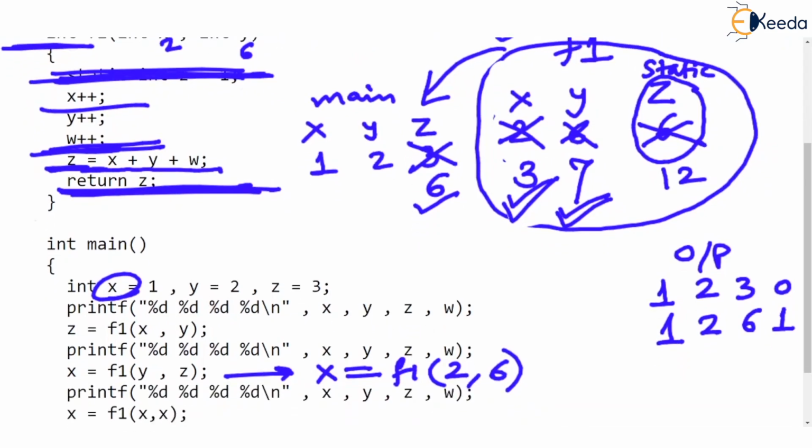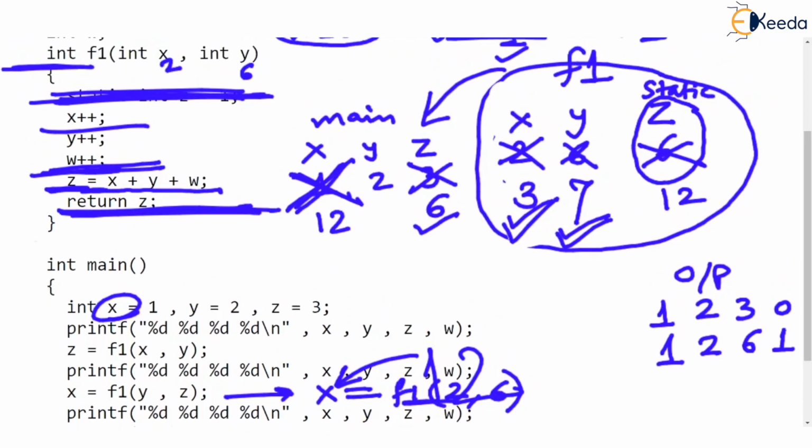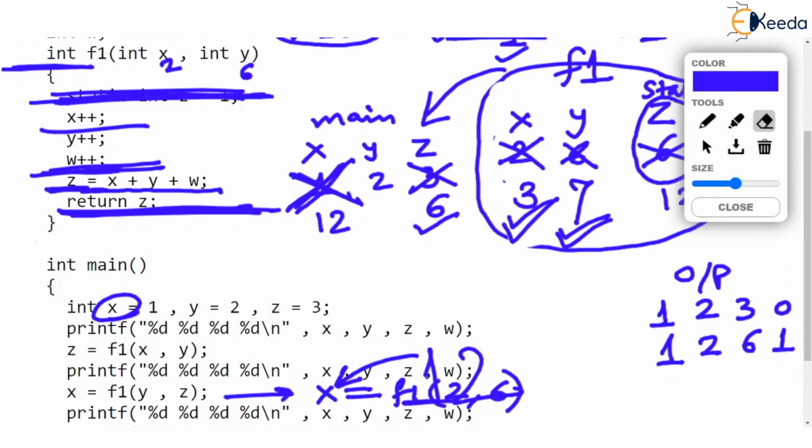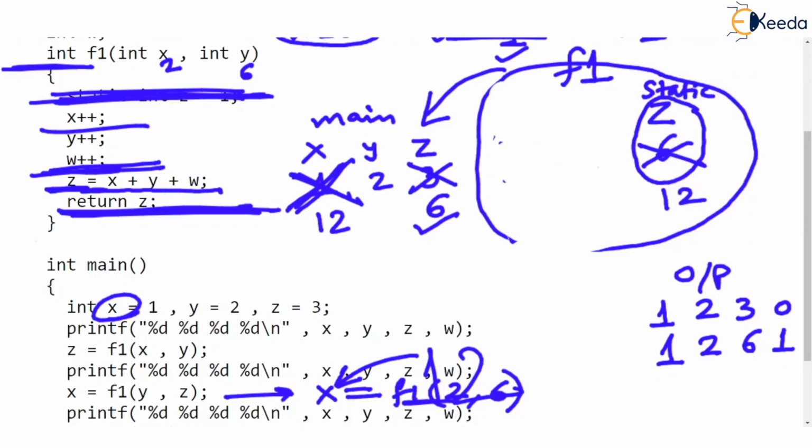And obviously 12 will return back in main at the call and 12 will go in X. So here X is getting changed to 12 in main. And of course the function is over. When the function is over, we know that the local parameters X and Y are deleted, but static has to stay, isn't it? This Z has to stay here with the value 12.